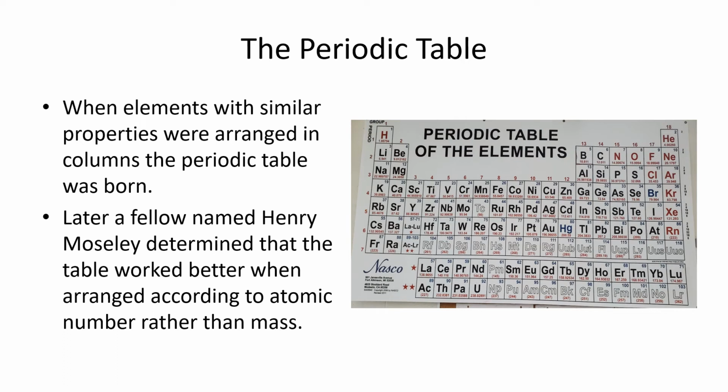A good example might be here with tellurium and iodine. So we have the atomic mass, this is 127.6 for the tellurium, and iodine is 126.9. So that's a decrease in the mass. And yet iodine, with its properties, better fit in the column with fluorine and chlorine and bromine than it did over here.